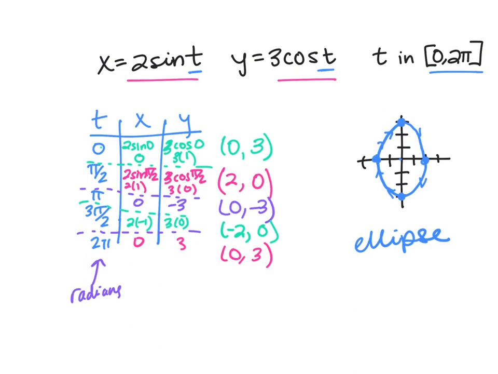So if we look at our x and y's up top, in order to use the method we did before to solve for t, we would end up with t is equal to inverse sine of x over 2, which is not exactly something nice that we then want to go plugging into cosine.